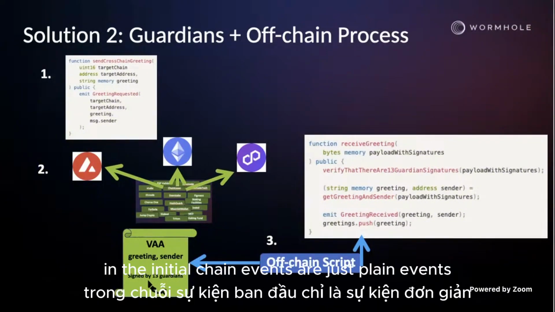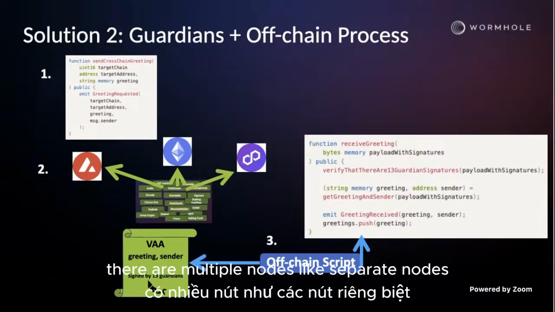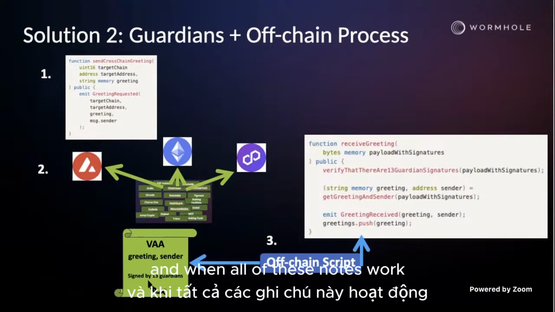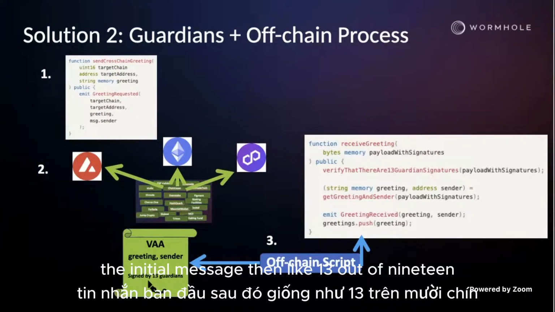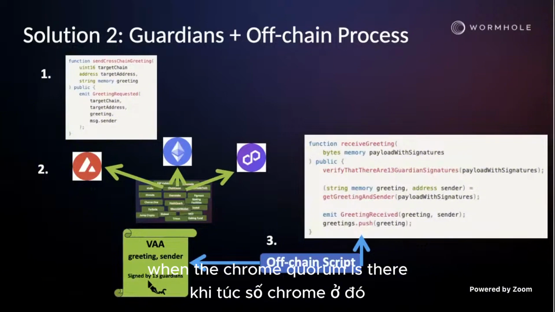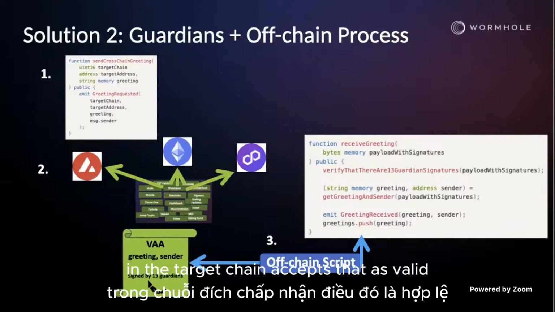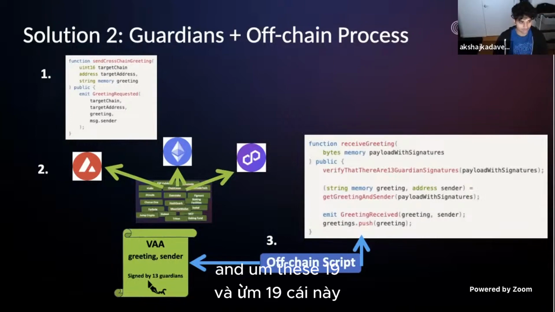So on the initial chain, events are just plain events, but to get ported to the other chain, there are multiple separate nodes, each with its own signature. And when all of them sign the initial message, 13 out of 19, when the quorum is there, then the verifying contract in the target chain accepts that as valid. Yep.